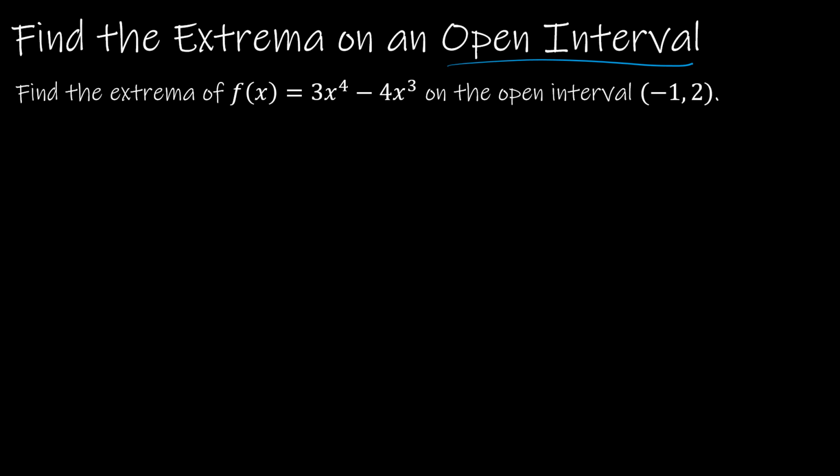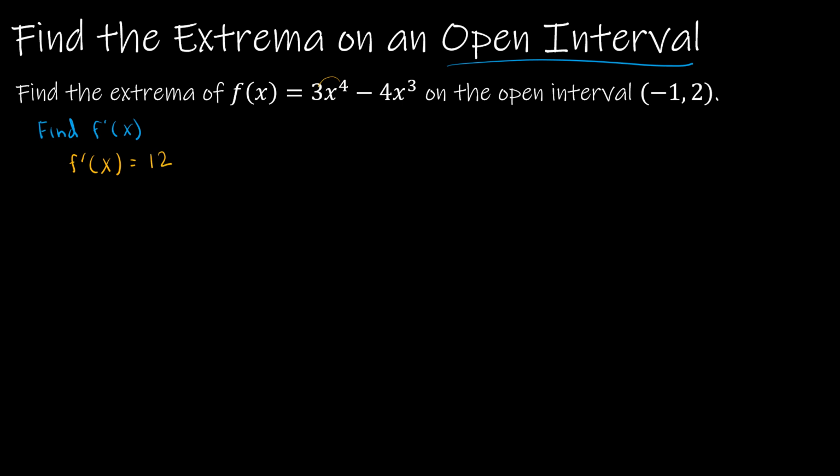So what would I do first? Well, I want to find f prime of x. So let's do that. F prime of x is equal to, and again, just using all of those rules that we learned in our last chapter.